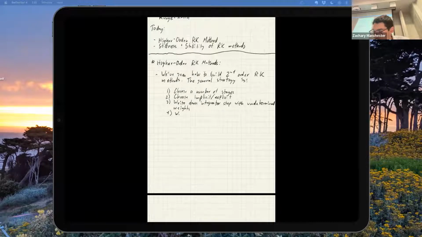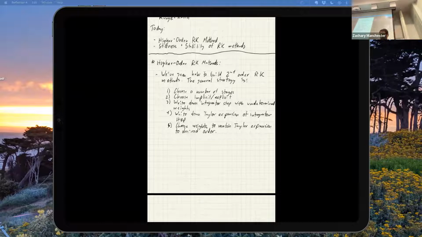Write down the Taylor expansion. And then you choose the weights in the Runge-Kutta step to match the Taylor expansion. That's it.